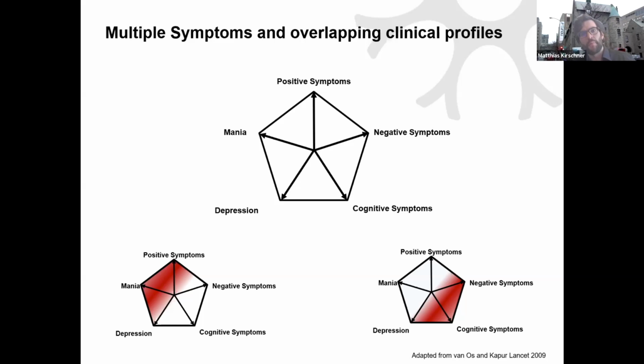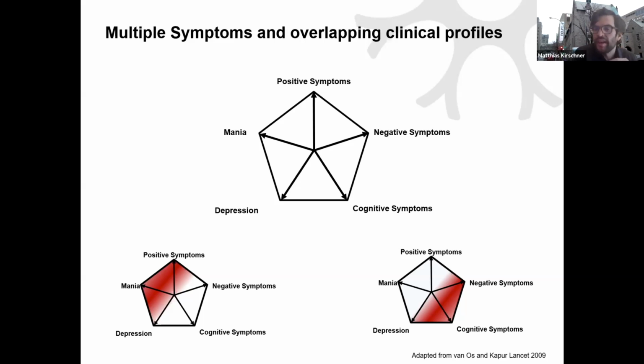We have multiple symptom dimensions, including positive symptoms, negative symptoms, cognitive symptoms, and affective symptoms, with the two axes, manic symptoms and depressive symptoms. What has been widely recognized is that these different clinical symptoms can be expressed very differently in different patients.